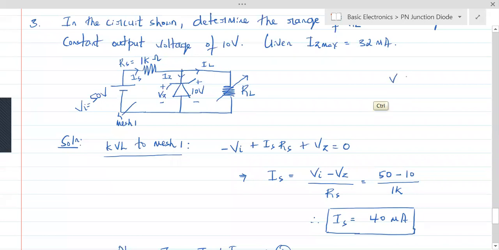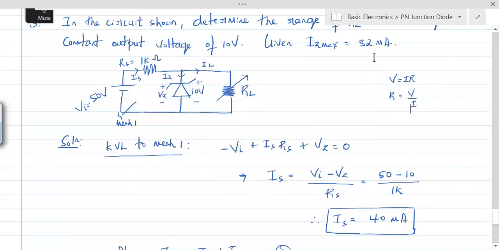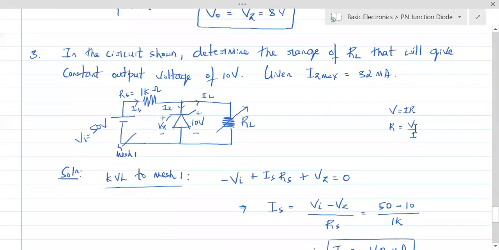V is equal to IR, and R is V by I. So to find R, I need to know V and I. Given I, what is the voltage across RL? It is 10 volts. The voltage across the Zener diode itself is the voltage across RL.